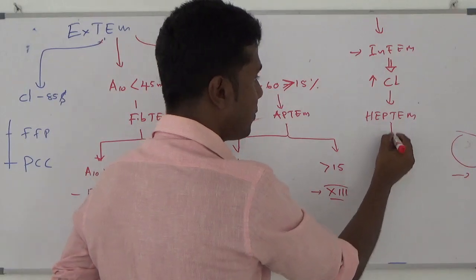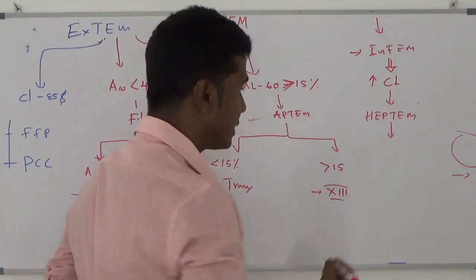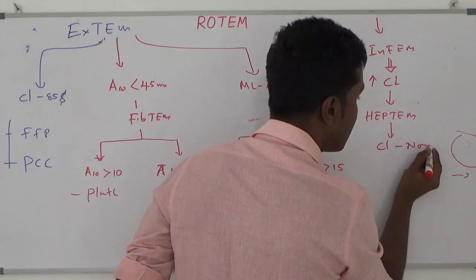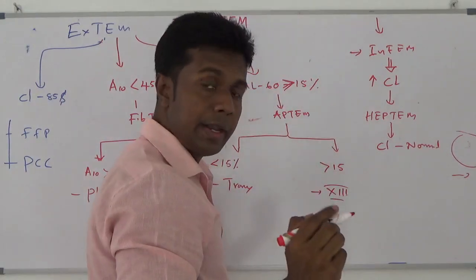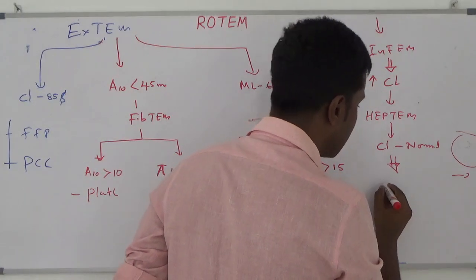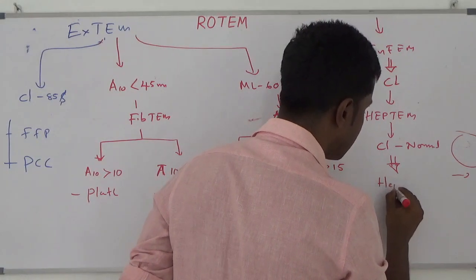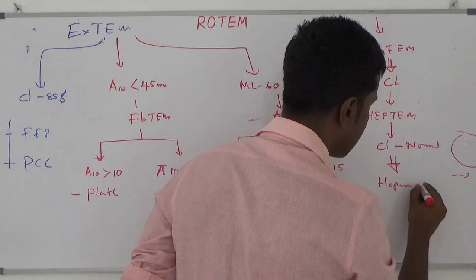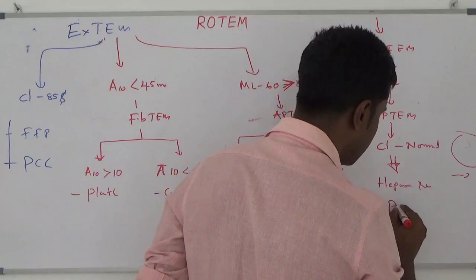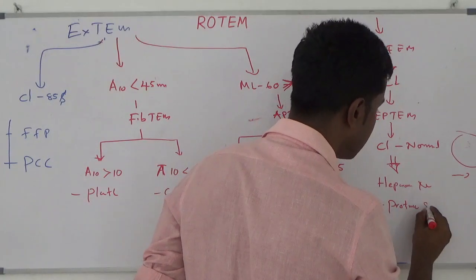With that, if your patient's sample is normalized, that means with HEPTEM the clotting time is normal, your patient has heparin effect, and you have to give a heparin neutralizing substance. You already know the name, protamine sulfate.